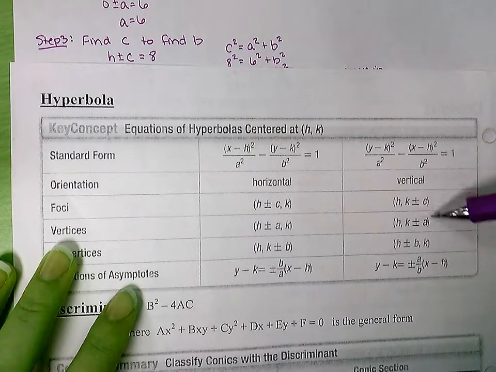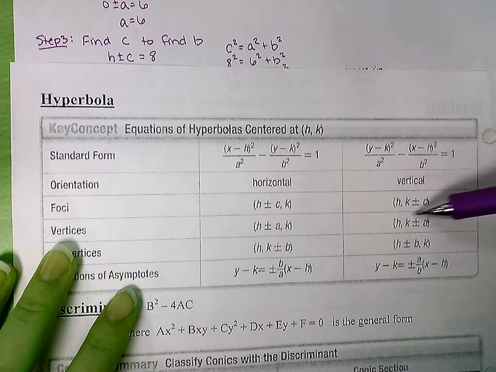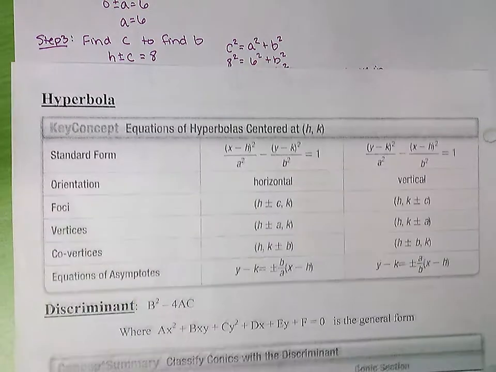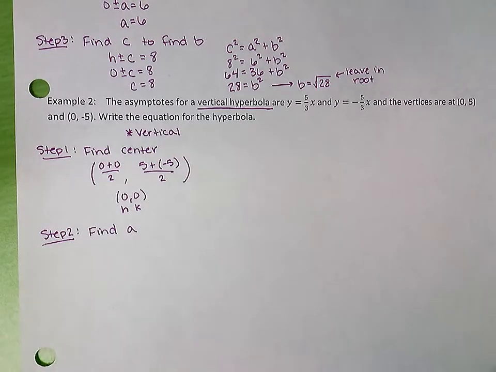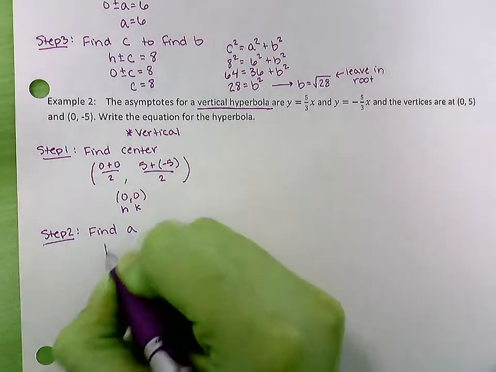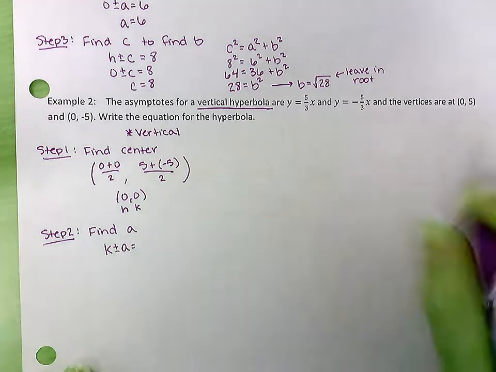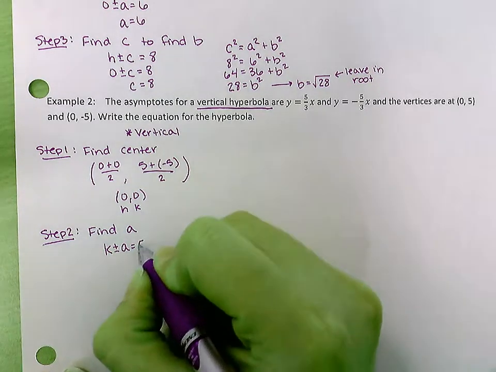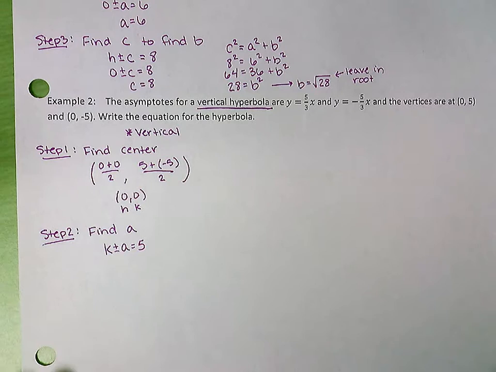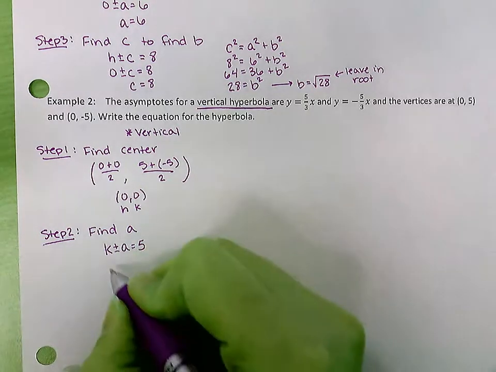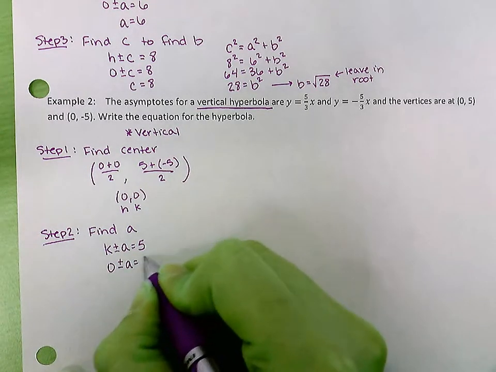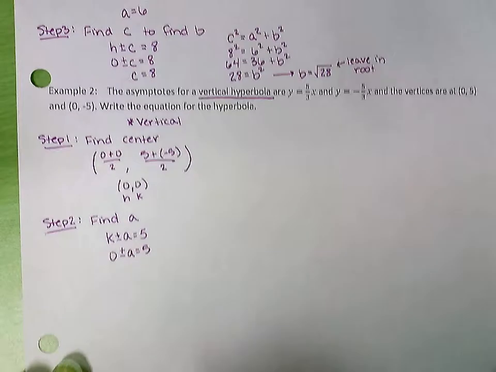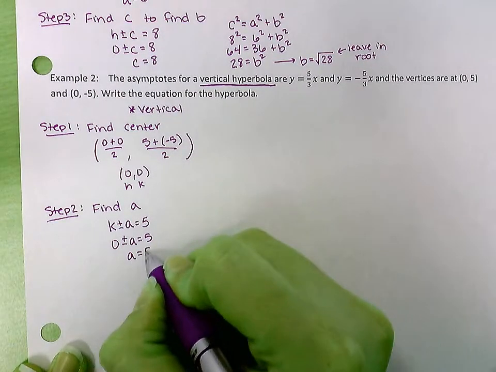So I'm going to take that y value and set it equal to k plus or minus a. Okay, so I have k plus or minus a equals the y value in my vertex, 5. Okay, I can plug in 0 for k. So I'll end up with a being equal to 5.